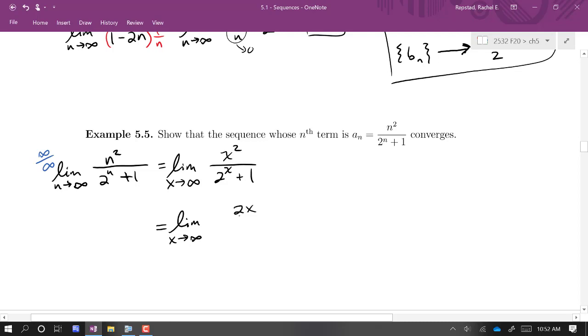So we get 2x over, and on the bottom, the derivative of 2 to the x is 2 to the x times ln 2. Of course, the derivative of 1 is 0, so that goes away. Now, as x approaches infinity, the top and the bottom, again, both approach infinity. So we can apply L'Hopital another time. One more time here.